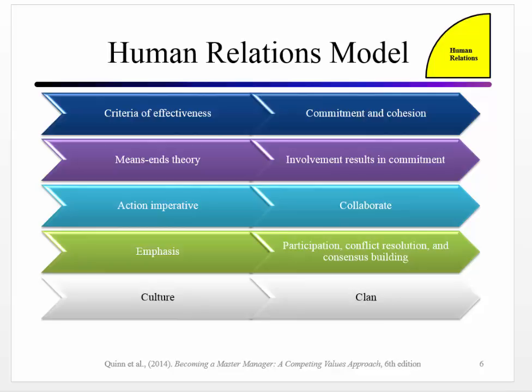So the means to get to the end is really involvement results in commitment. So there's a lot of consultation with the human relations model. There's a lot of communication happening, a lot of communication up through the organization from subordinates to managers and back down from managers to subordinates.